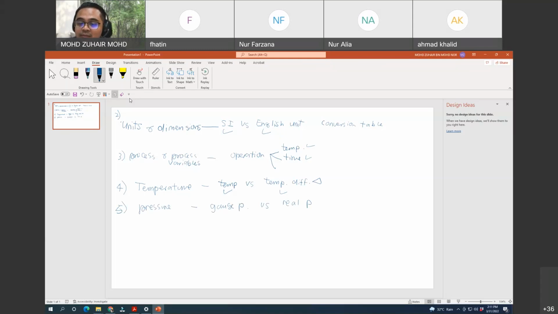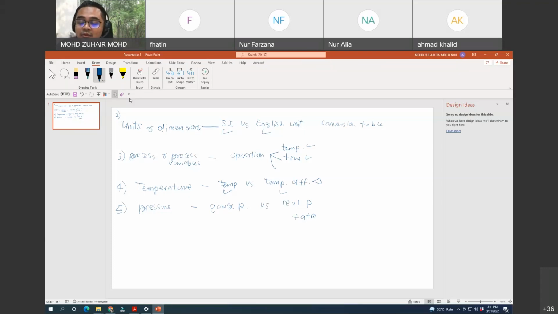For the real pressure, we have to add the atmospheric pressure. The gauge is just the pressure, but for the real pressure we need to include the atmospheric pressure, which is the standard atmospheric pressure of 101 kPa, or a few other units as stated in the notes.